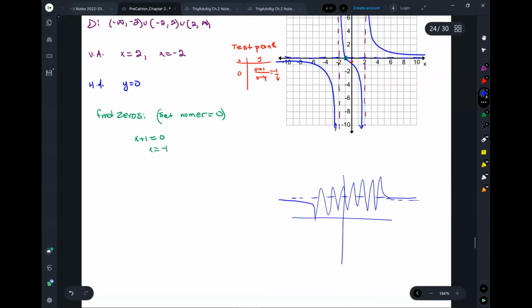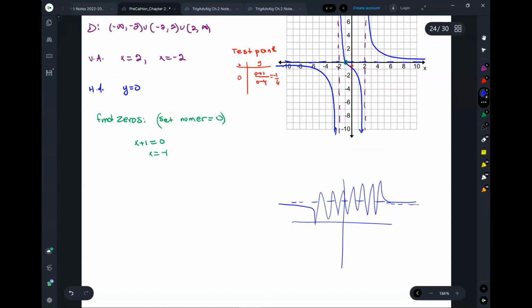The reason why I can do this is, remember we said, when you have a 0 with odd multiplicity, it crosses the axis there and it changes sign there, positive to negative. But then a graph can also change sign at the asymptote. So that's what's happening here.